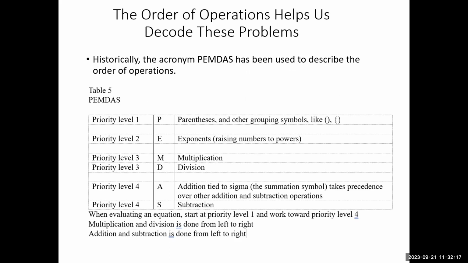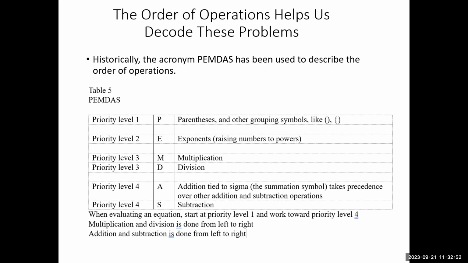And typically what we rely on is the order of operations. Historically, when the order of operations has been taught in the early grades in school, we're often taught the acronym PEMDAS, where the P stands for parentheses, E stands for exponents, M for multiplication, D for division, A for addition, S for subtraction. So in table 5, I give PEMDAS and I tie the various entities to a priority structure.